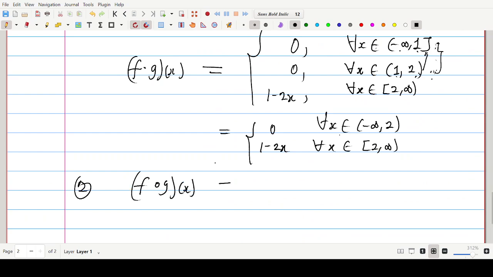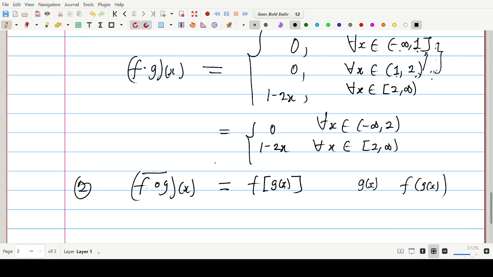This is defined by writing f of g of x. That is, this f circle g is a unique function that works as follows. f circle g takes x and assigns to it the number g of x, such that g of x is in the domain of f, and then assigns to g of x the number f of g of x.